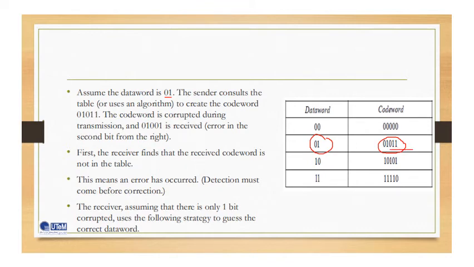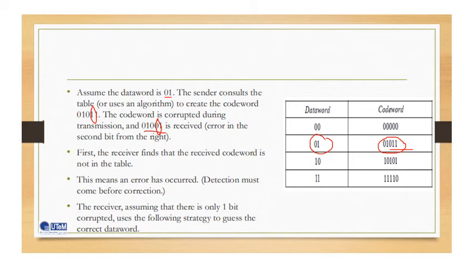The code word is corrupted during transmission, and this is supposed to be received by the receiver. But something has happened in the middle of the transmission process, and one bit, the fourth bit, has changed from 1 to 0. So what action will be taken by the receiver?